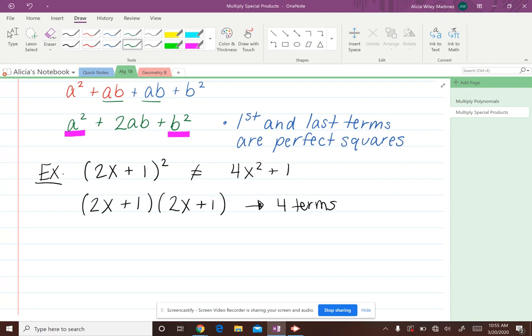All right, you should have tried that one out. In doing that, you should have gotten 4x squared. That's here. And you should have gotten 2x. Now remember, this outside product should be the same as the inside product whenever you have a binomial to the second power in order to create what we call a perfect square trinomial. And then you're going to do 1 times 1. That gives you the 1.